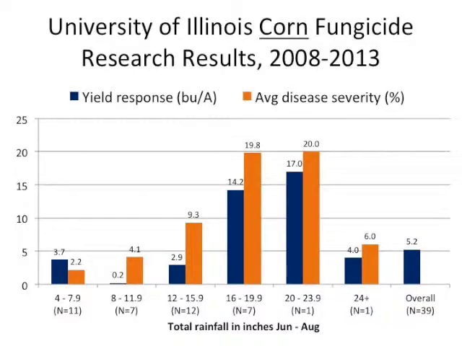So what did disease pressure look like in these situations? That would be the orange bar here. You can see that where we had our highest yield responses was also where we had the highest levels of disease. So again, rainfall is a factor. However, what it really drives is the foliar pathogens that cause diseases. So where we had more rainfall, we had a higher yield response, but that's also where we had a higher level of disease pressure.